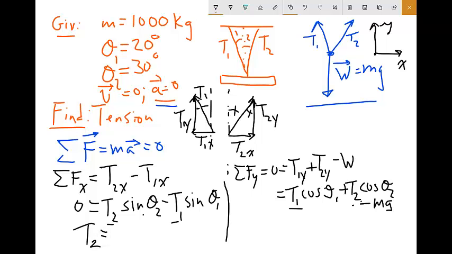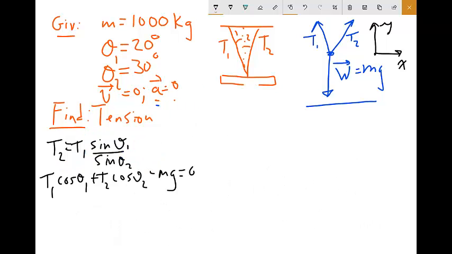It turns out to be equal to T1 sine of theta 1 divided by sine of theta 2. And then I can use this and plug it in over here and solve the y component equation for T1. Then I can get a number for T1 and plug it back into the x component equation.